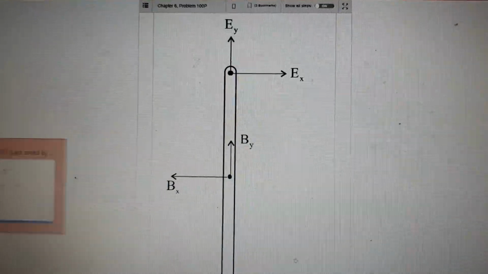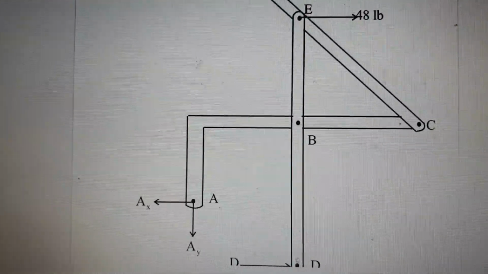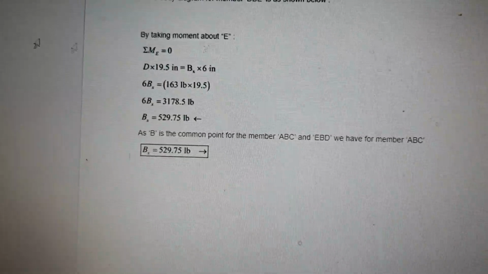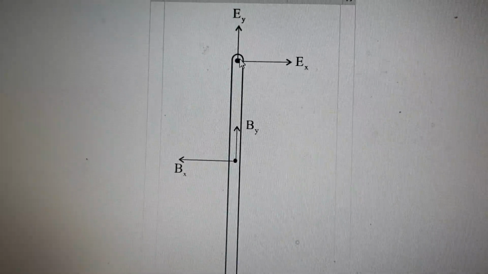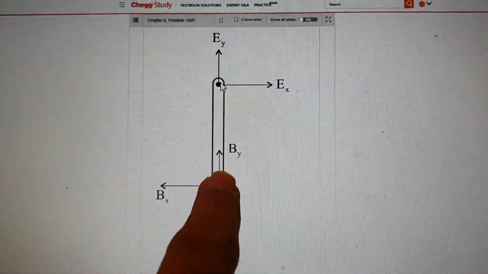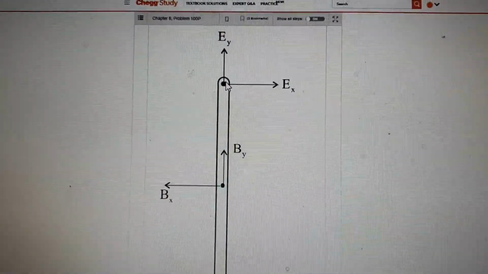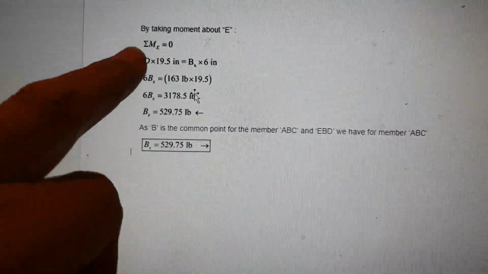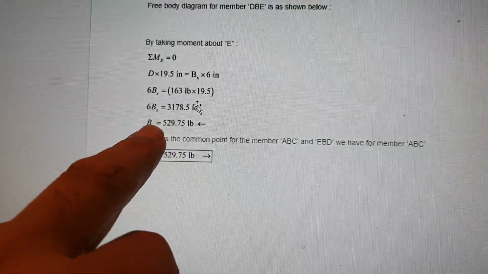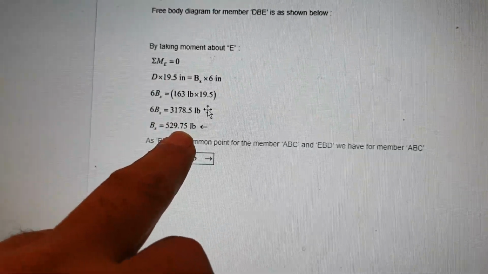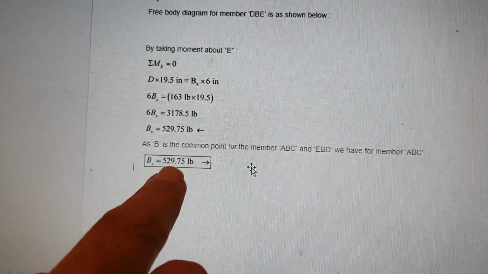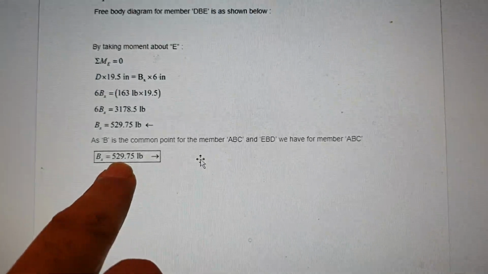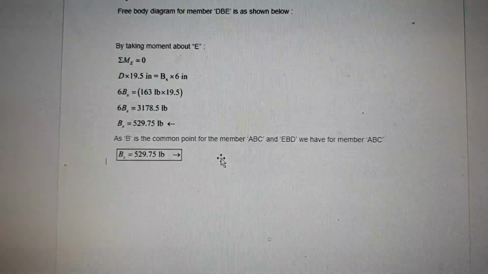And the first thing we should do for this member DBE is take moment at E, so BY is cancelled out. You could find BX, we know DX, so we apply summation of moment at E, and BX is equal to 529.75, and this is the component.